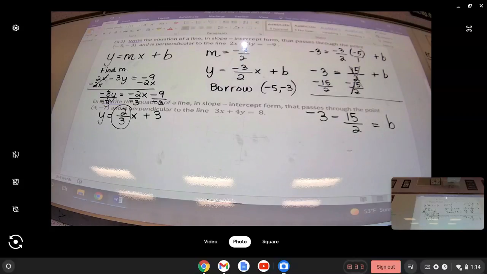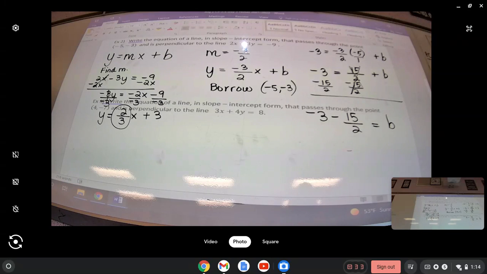We're looking for B. So get a common denominator, or use a calculator, whatever you like to do. What you got? Is it -21 over 2?